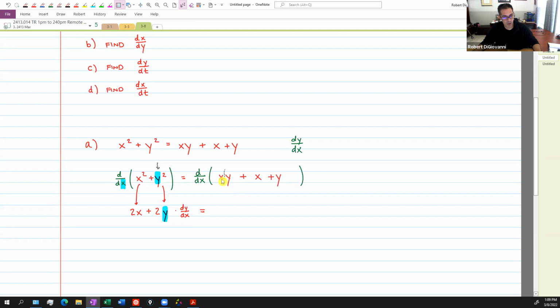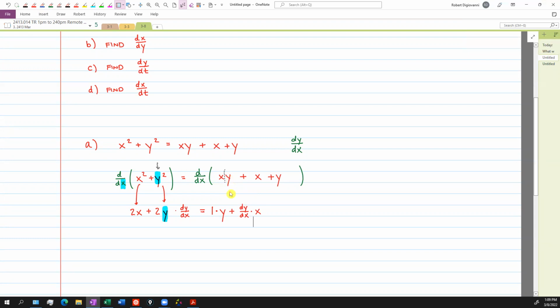What is the derivative of the first one? Which would be 1, and then times the second, y. Plus the derivative of y, which would be dy dx, and then times x. Good, perfect, that's it. That is the complete product rule here.